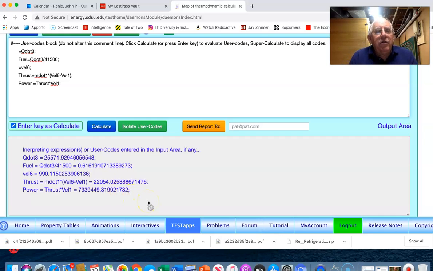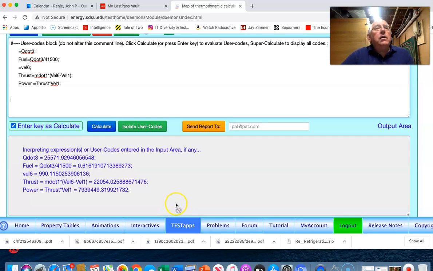So again, the thrust, let's think about the units. Okay, so m dot is in kilograms per second. Velocity is in meters per second. And so this really here is in newtons. And so when we take this newtons times meters per second, we then have power in watts.